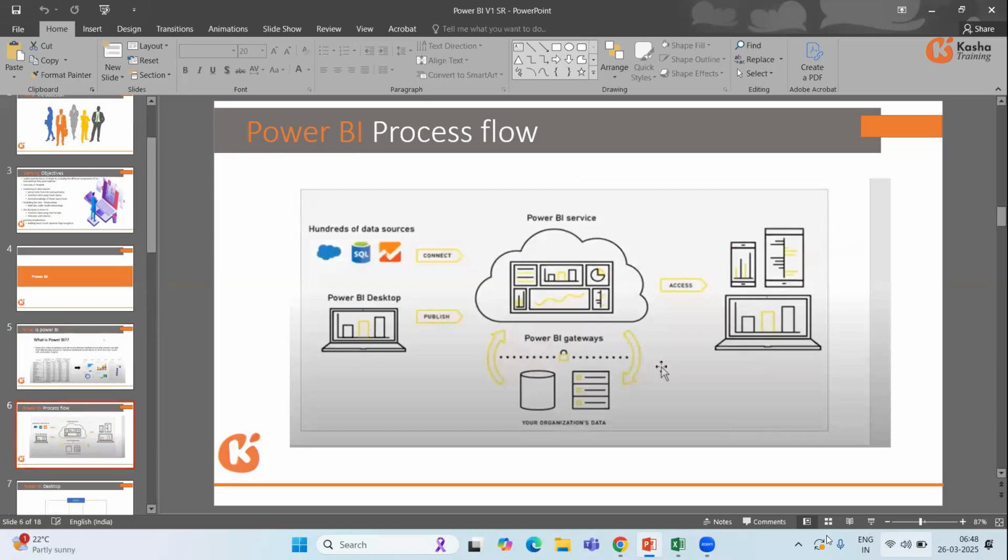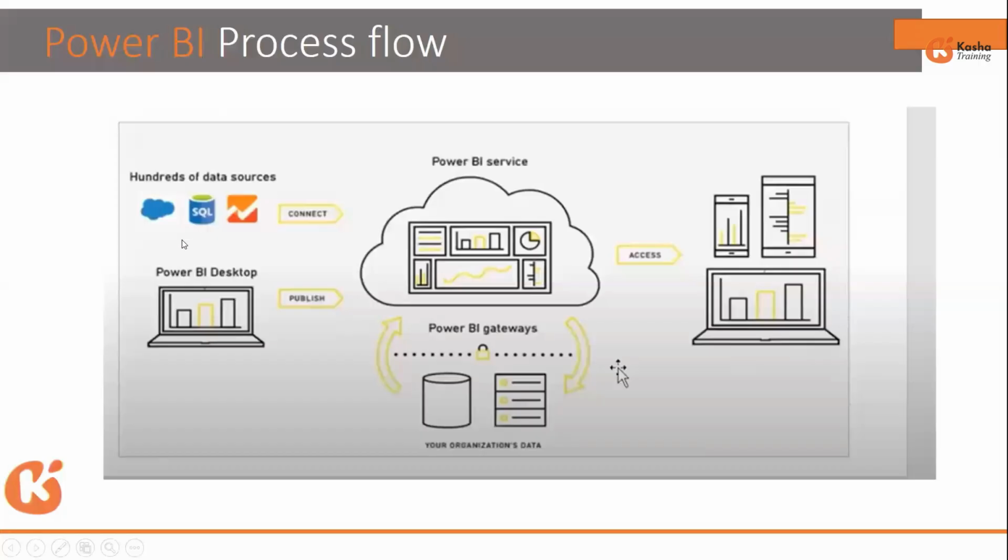Next, how does the Power BI flow take place? As I told you already, we have hundreds of different data sources. We connect these data sources to Power BI Desktop. In Power BI Desktop we clean the data, do the modeling, and build the visualization.